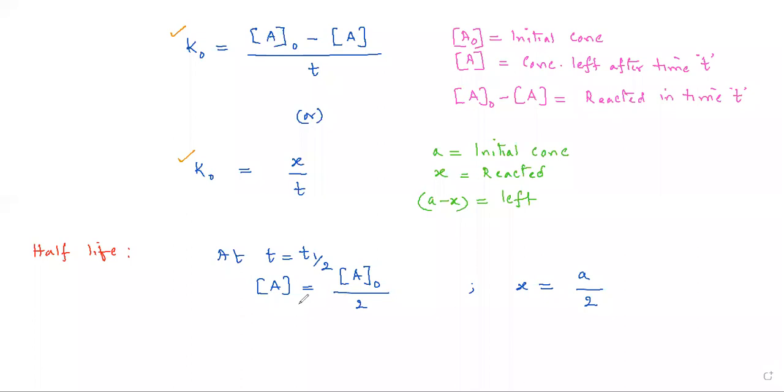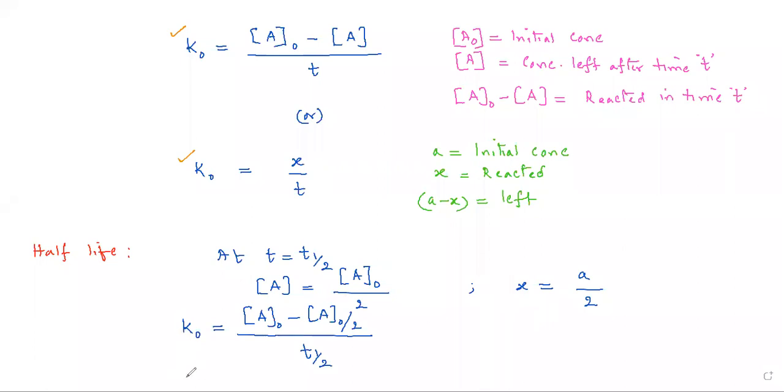Now let us substitute the things in the K0 expression. So K0 is equal to A naught minus A, and A is nothing but A naught by 2, divided by t half, right?